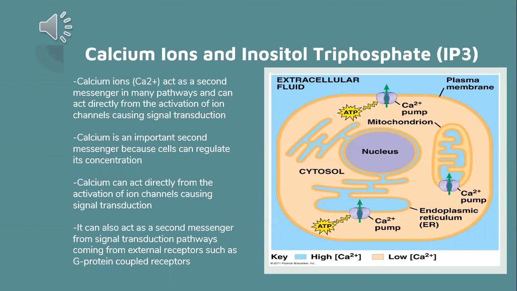Calcium ions, Ca2+, act as a second messenger in many pathways and can act directly from the activation of ion channels causing signal transduction. Calcium is an important second messenger because cells can regulate its concentration. It can also act as a second messenger from signal transduction pathways coming from external receptors such as G protein-coupled receptors.